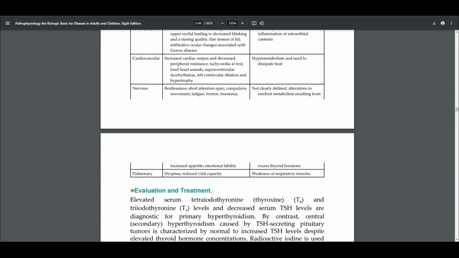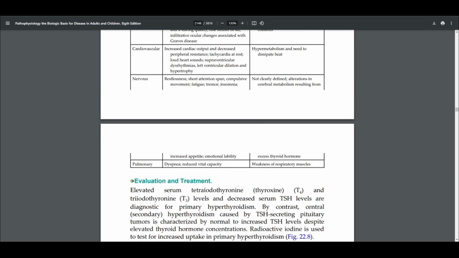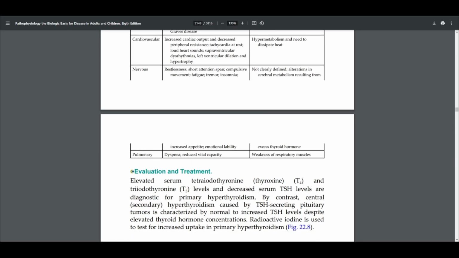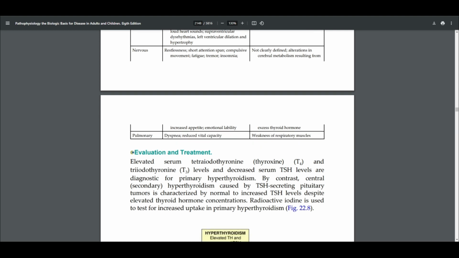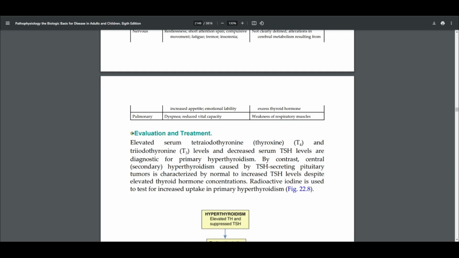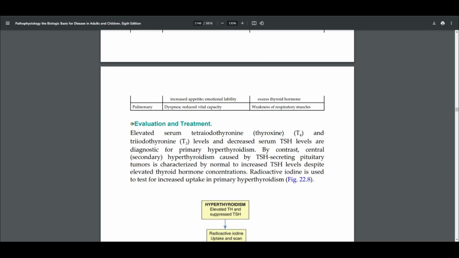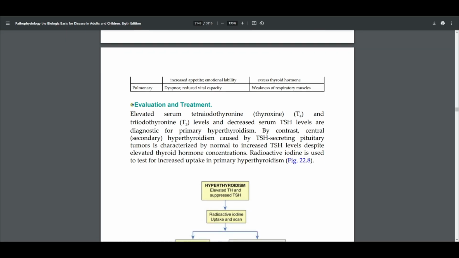So what's our evaluation and treatment? The elevated serum tetraiodothyronine or thyroxine, T4, and its counterpart triiodothyronine, T3, levels and decreased serum TSH levels are diagnostic for primary hyperthyroidism.